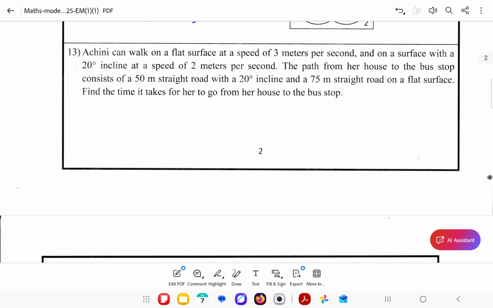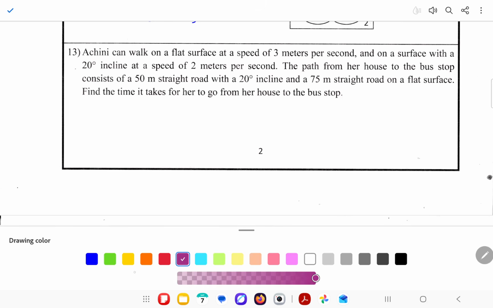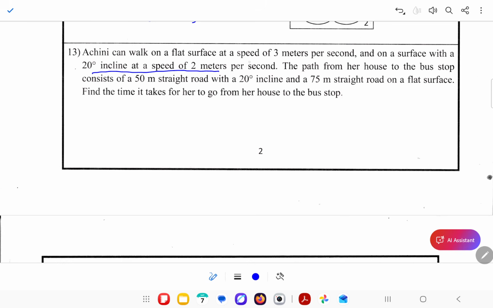Right, then number 13. Achini can walk on a flat surface at a speed of 3 meters per second and on a surface with a 20-degree incline at a speed of 2 meters per second. The path from her house to the bus stop consists of a 50 meter straight road with 20-degree incline and a 75 meter straight road with flat surface.